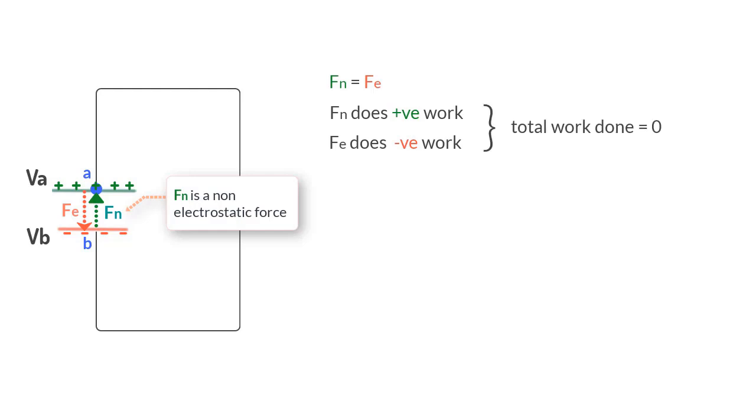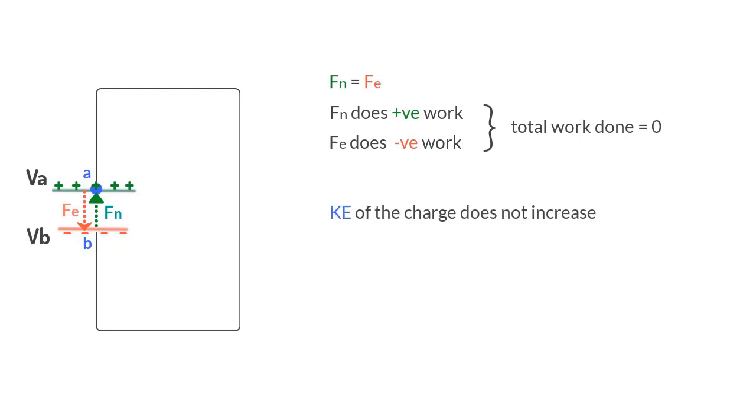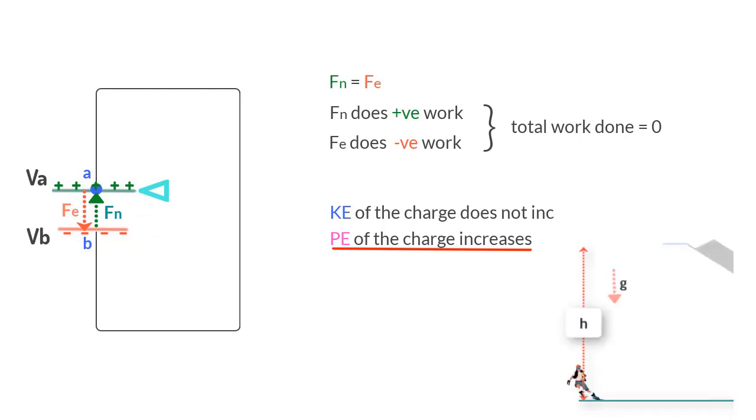So the total work done is 0, and if the net work done is 0, the kinetic energy of the charge does not increase. But you can see the potential energy has increased since it has moved from a place of low potential to a place of high potential. It is quite like you moving from a place of low gravitational potential to a place of higher potential without changing your kinetic energy, but still increasing your potential energy.